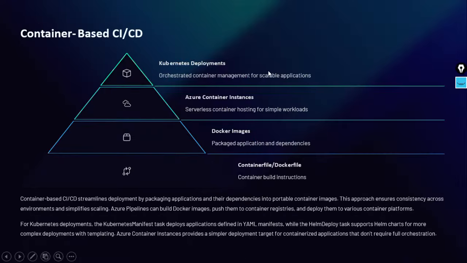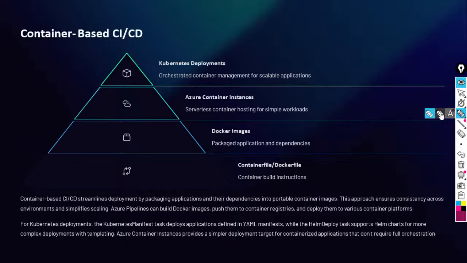So container-based CI/CD: whenever you want to do the entire deployment based on containers, you follow this path. You have a container file or a Docker file or a Docker compose, as we discussed.